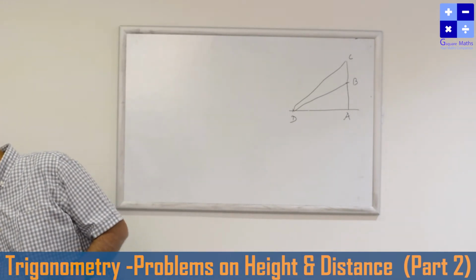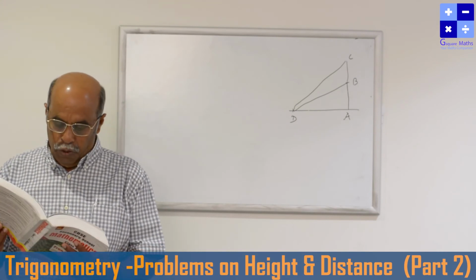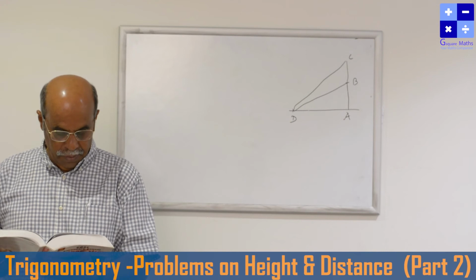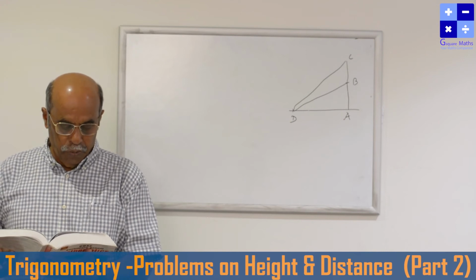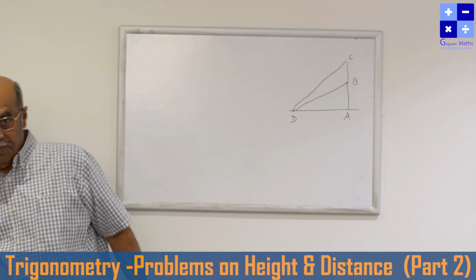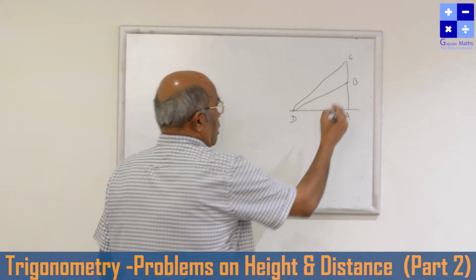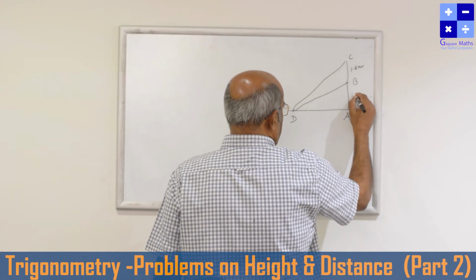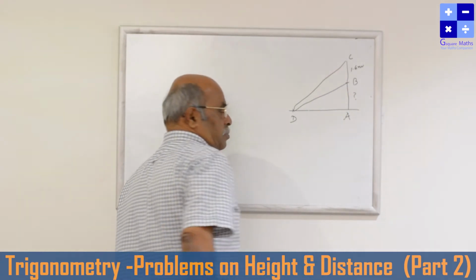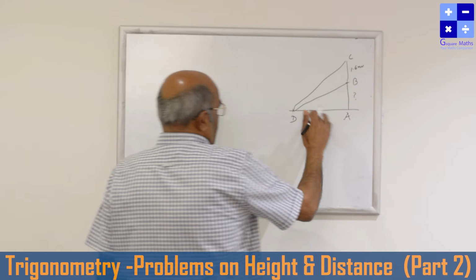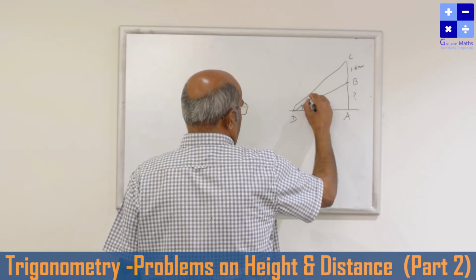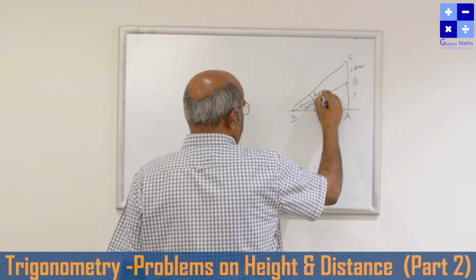The height of the statue is given as 1.6. The statue is 1.6 meters tall. You are asked to find out the height of the pedestal. This is 45 and this is 60 degrees.